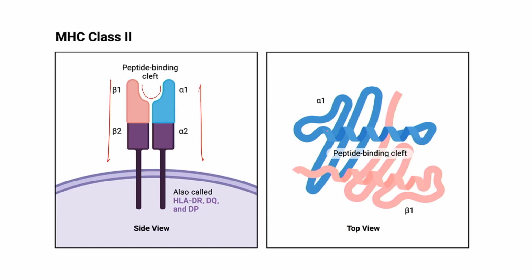So alpha 1 and beta 1 is the domain where we can see the peptide binding. Now if you compare, the sites are pretty free, and therefore they give access to a wider peptide length as compared to the MHC1 molecule, and therefore MHC2 can bind a larger peptide as compared to MHC1.